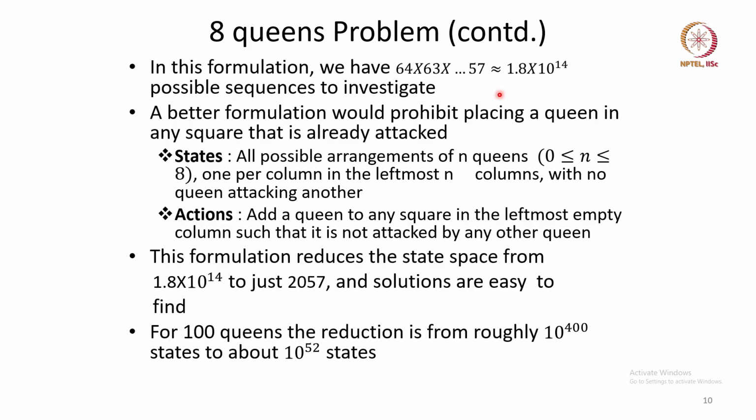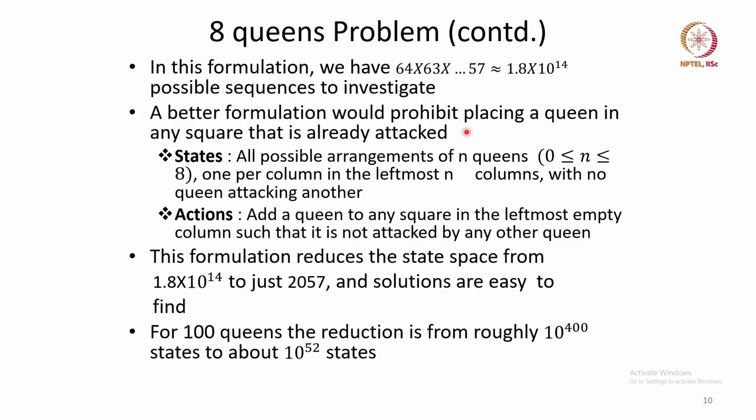So what you can do is, like they say, you can use a formulation which will prohibit placing a queen in any square that is already attacked. Once you keep one queen in one square, you know the squares where you cannot keep the next queen. So you can mark those and see that you keep them only in the other squares.